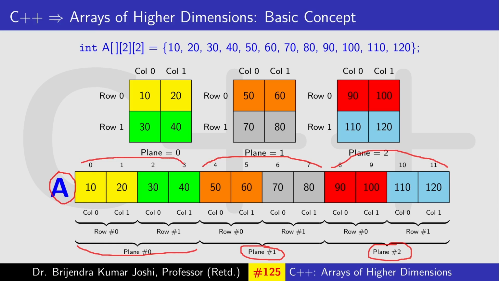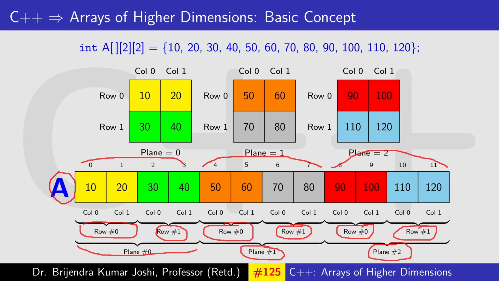Inside each plane, since it is row major, first row is followed by the next row. This will happen in each plane. Row 0, row 1, here it will be row 0 and row 1. Inside each row, column 0, column 1, and so on.